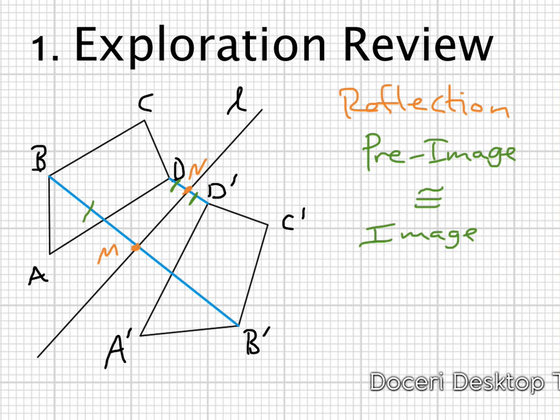It'll also bisect BM, or B to B prime, at point M. So M and N are the midpoints of those two line segments, those blue line segments.